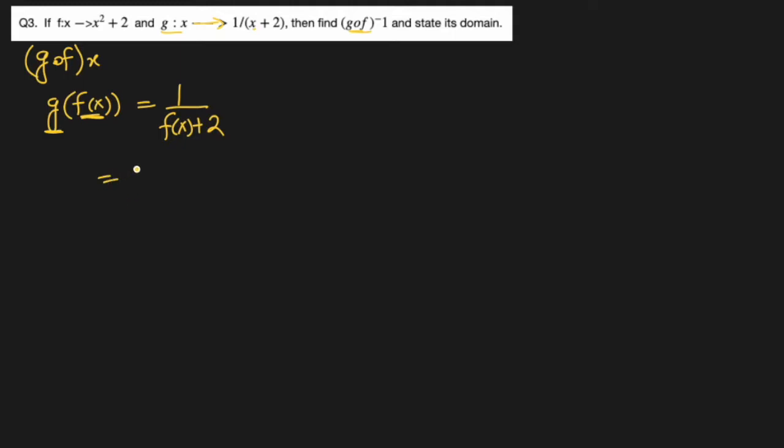Yeah. So now in place of f(x), we will write its value, x square plus 2. Plus 2 more. Yeah. This plus 2. So we get 1 over x square plus 4. That is g of f(x).